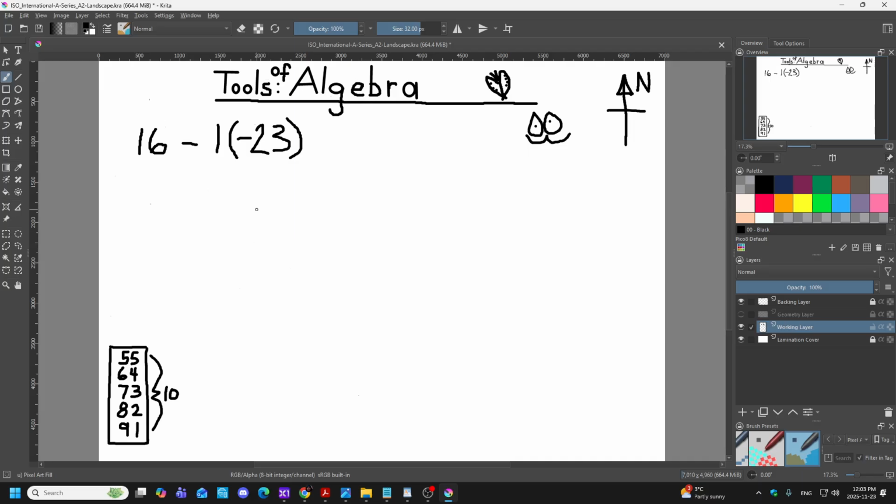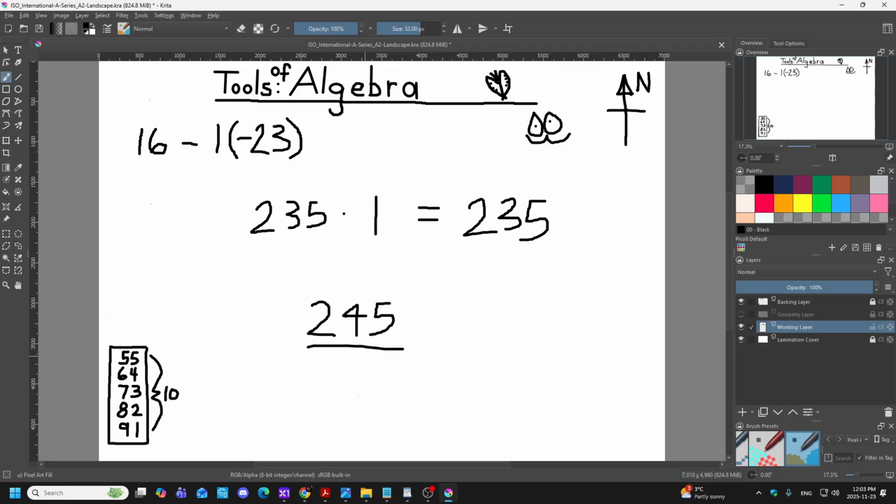So 235, for example, multiplied by 1 is going to return to you the same answer, right? In turn, it's the same thing if it is being divided.